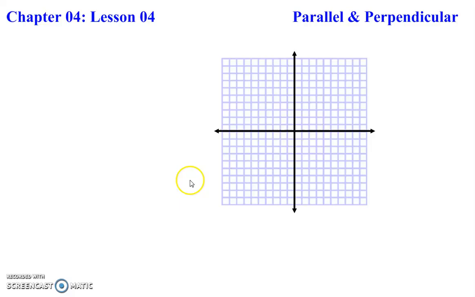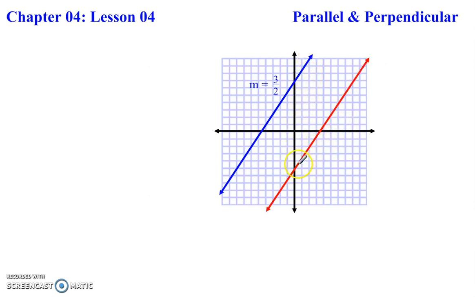This is chapter 4-4. Alright, parallel and perpendicular lines. So here's a line. We can check the slope of this line by finding any point, like here and here. Count up 1, 2, 3 over 2. So the slope of that line is 3 over 2. Here's a second line.